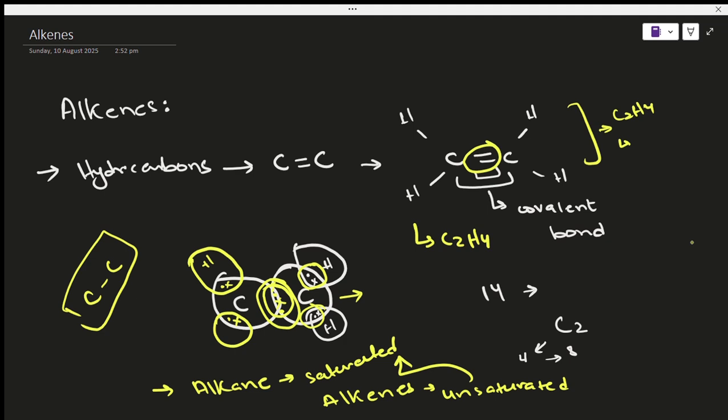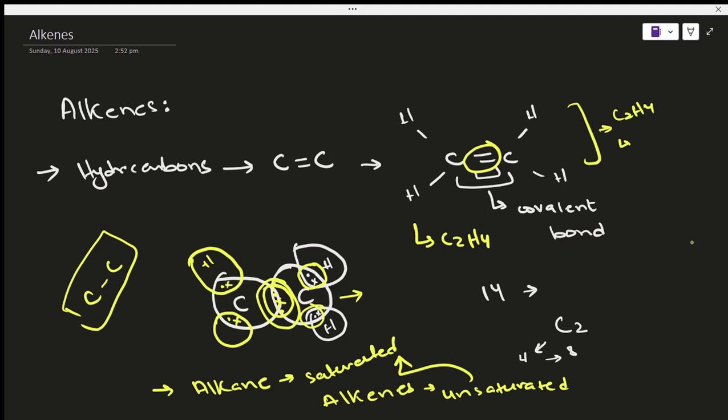But when you talk about double bonds, double bonds are highly reactive, and you're going to study this in A levels. You're going to study the pi and the sigma bonds. We're not going into that in detail right now, but just remember that double bonds are always very highly reactive. Any molecule that has a double bond is going to be very highly reactive. All right, so this is the main idea of an alkene molecule.